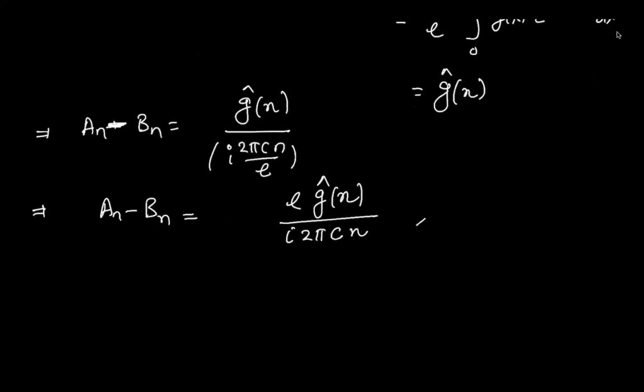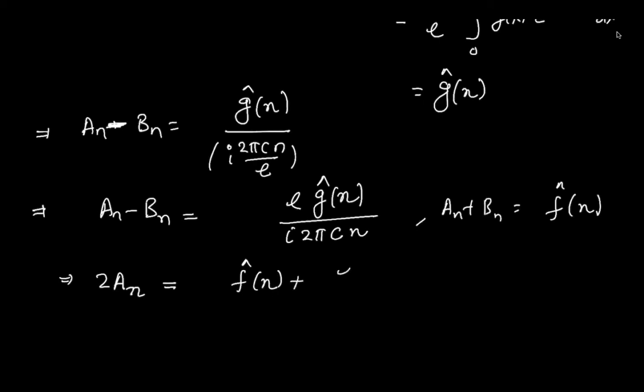And now what is a_n plus b_n? This is the f hat n. If I add them, I'm going to get 2a_n is going to be f hat n plus L g hat n divided by i 2 pi c n.